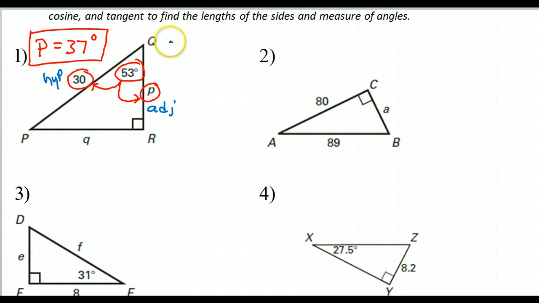So that is the cosine function. So I should be doing cosine of 53 is equal to P over 30. So let's multiply both sides by 30. That way these are going to cancel out. So that gives me that P is 30 cosine 53. So that's 18.1.